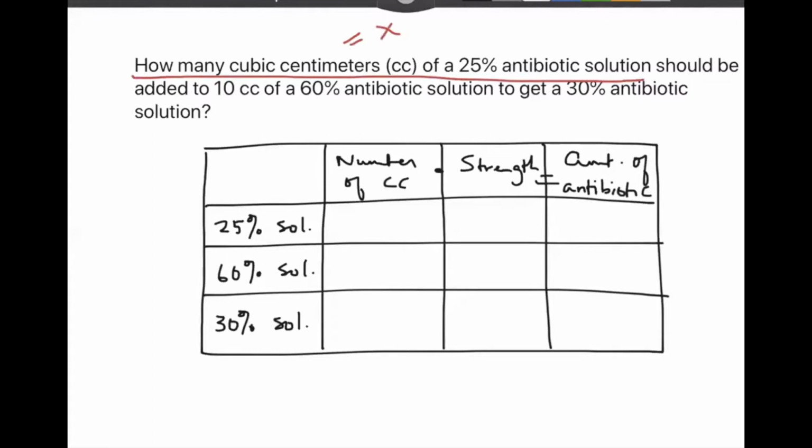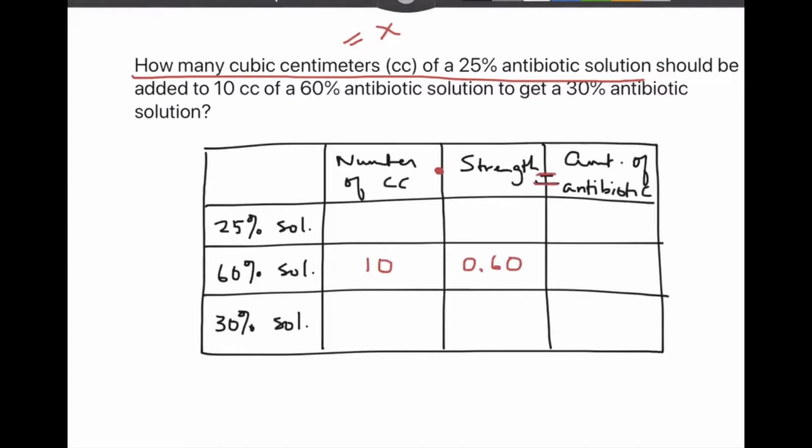Okay. So again, to give you a better idea of what we're doing, let's go to the 60% solution, because we know everything there is to know about the 60% solution. We know there are 10 cc's of it. We know the strength is 60%, which I'm going to write as 0.60. And then notice across the top, it says number of cc's times the strength equals the amount of antibiotic.